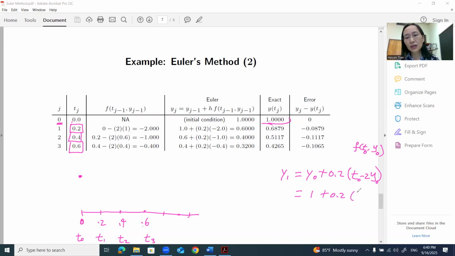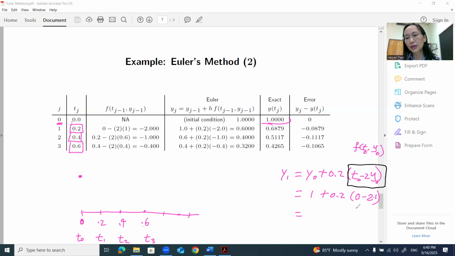T naught is 0, Y naught is 1, so minus 2 times 1, which is 2. This part is the evaluation of the right-hand side function.